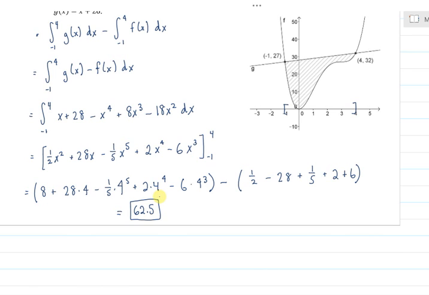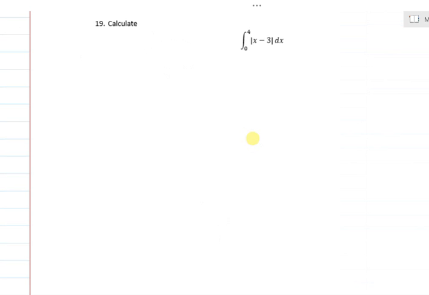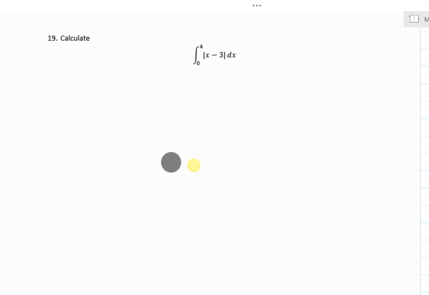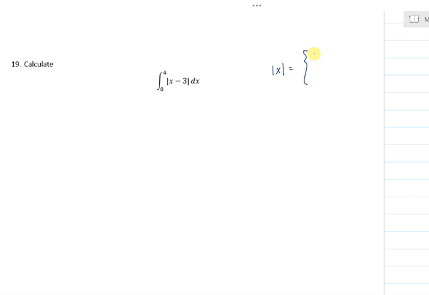Okay, next page. Okay, I think we're on the last problem. It's an absolute value. So here's the thing we need to remember. The absolute value of x, one way to write it is as a piecewise function. It's equal to x when x is not negative, and it's equal to negative x when x is negative.